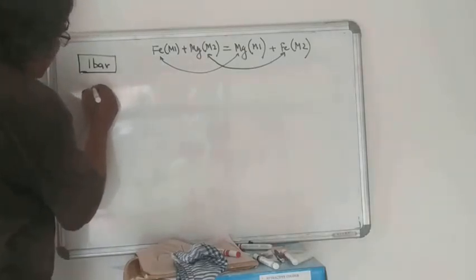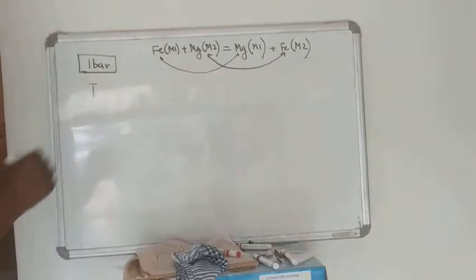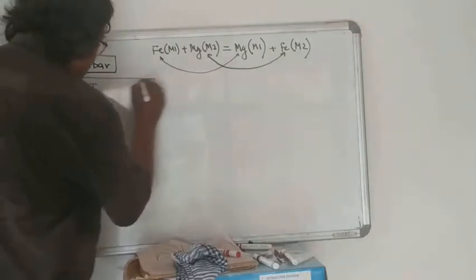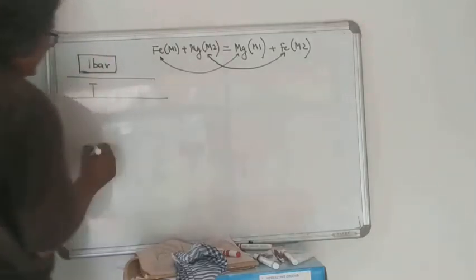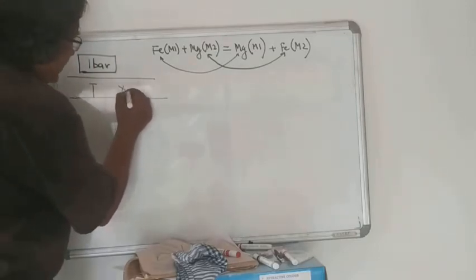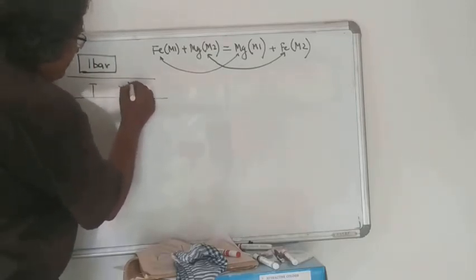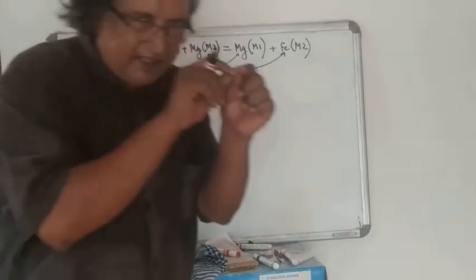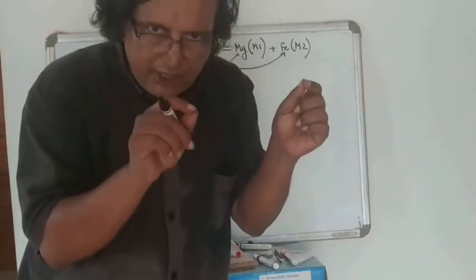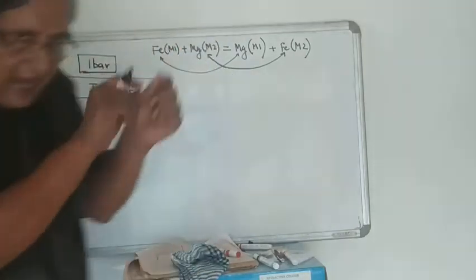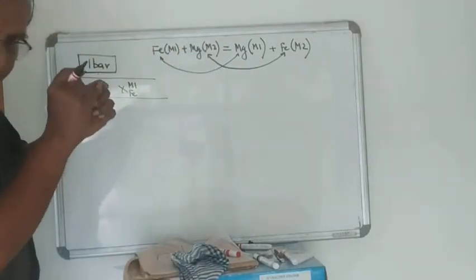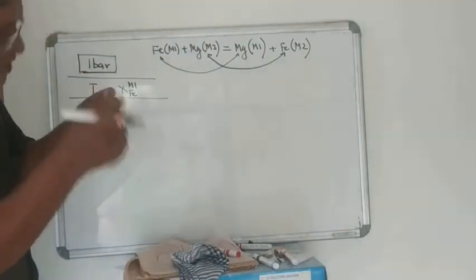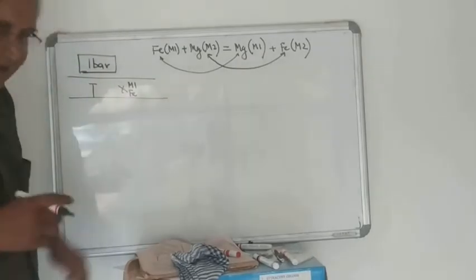They have what is called a column of temperature. Then they have found out XFe in the M1 site. That means they have found out how much Fe is there, how much Mg is there in the M1 site, and if there is so much Fe and so much Mg, then you can find out what is XFe M1.